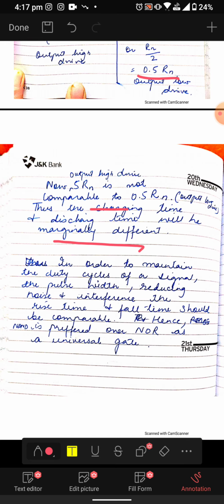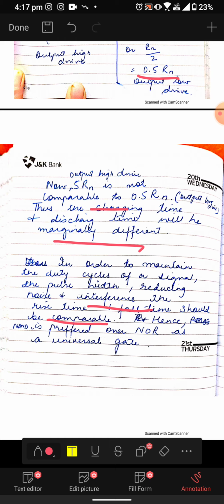In order to maintain the duty cycle of the signal, to lessen the noise and interference of the signal, and to minimize the delay, the rise time and the fall time need to be comparable. And this is what we get in our NAND gate and not in our NOR gate.